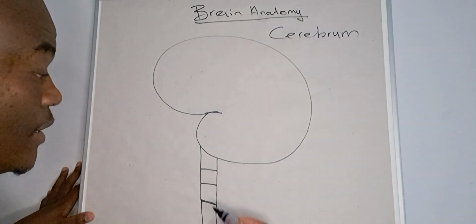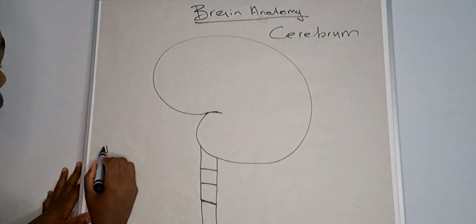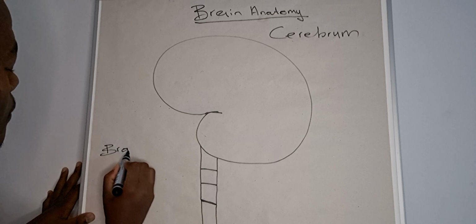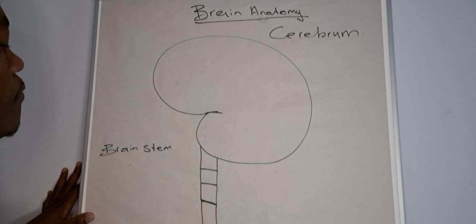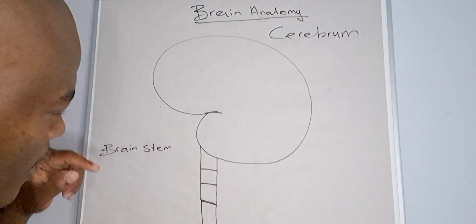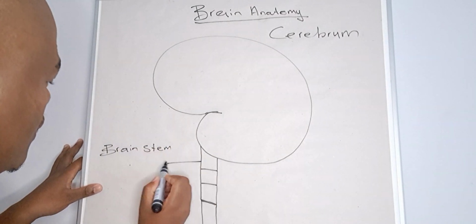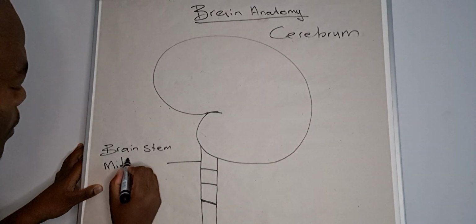But we understand that 1, 2, 3, this is our brain stem. What is the name of this component? The first one is our midbrain.